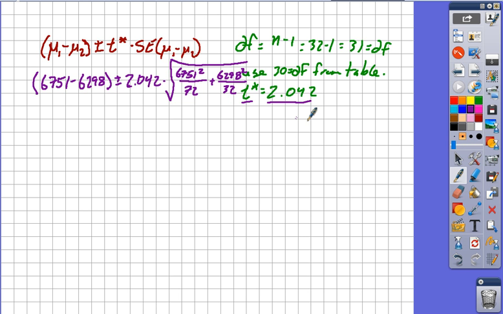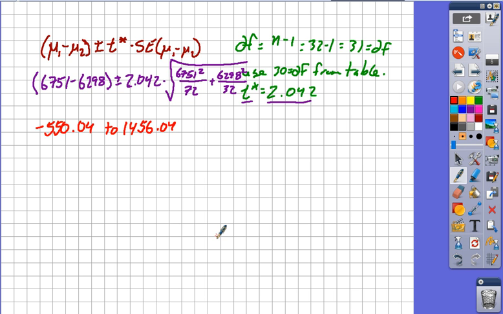When you calculate all that out, we end up with negative 550.04 to about 1,456.04. So what does this mean?